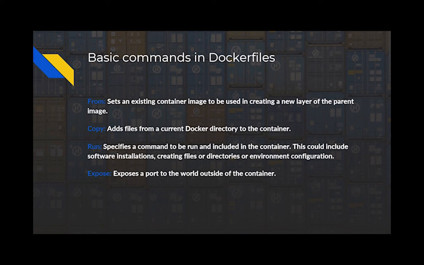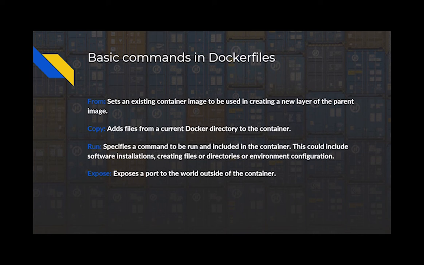Again, those parent images or base images can be pulled frequently off of the Docker registry. If you are creating your own base image, this command would not be something you would include in your Docker file. The COPY command copies the current directory contents into the container, the current directory on your local machine.